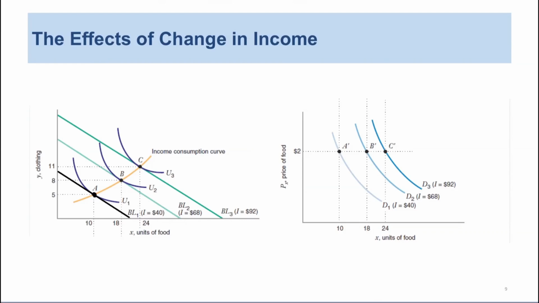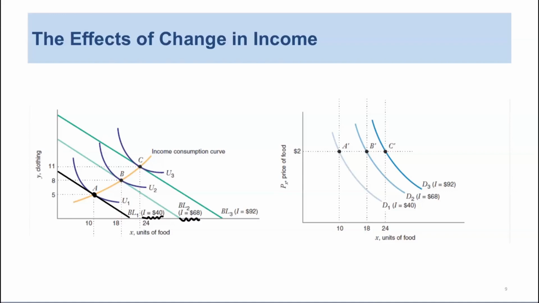We decreased the price of good X, and as a result, we derived the individual demand curve. In this situation, instead of changing the price of good X, let's change income I. In particular, from the initial income equal to 40, let's increase to 68. Other things being equal, especially price of good X and price of good Y.